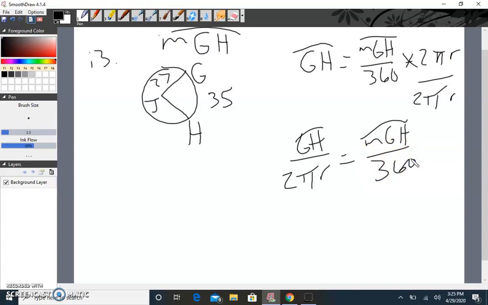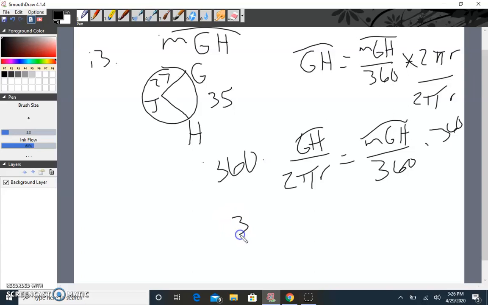And now, if we are dividing by 360, we can multiply by 360 on both sides. So now all we got to do is fill in the information that we have.